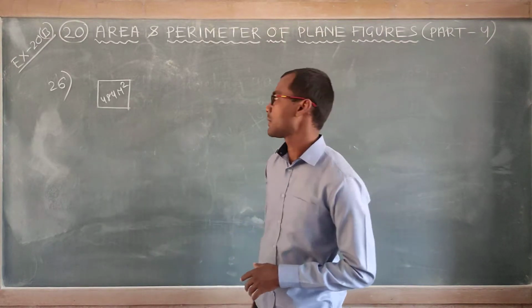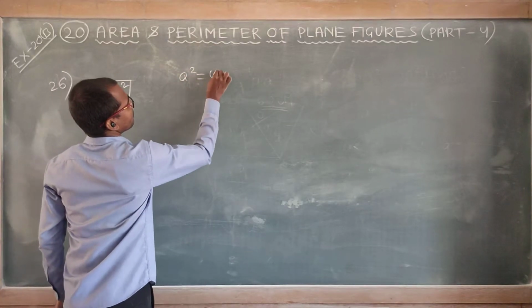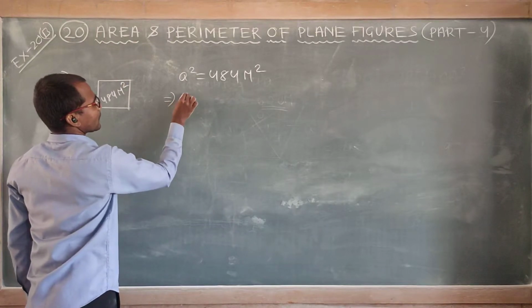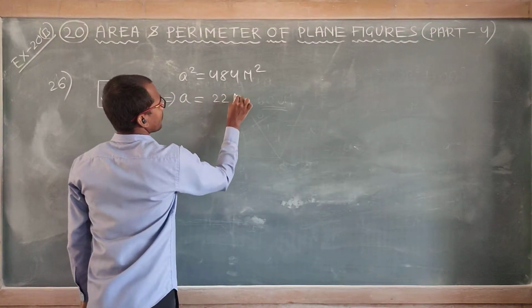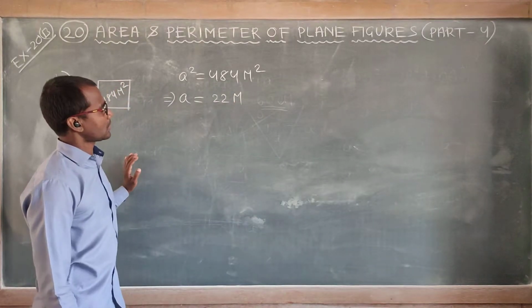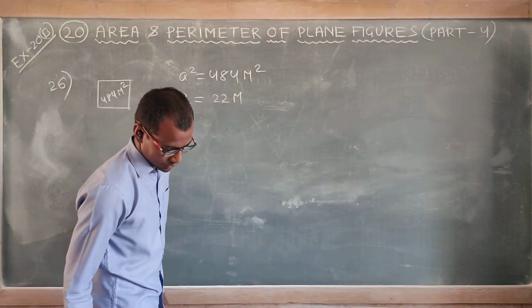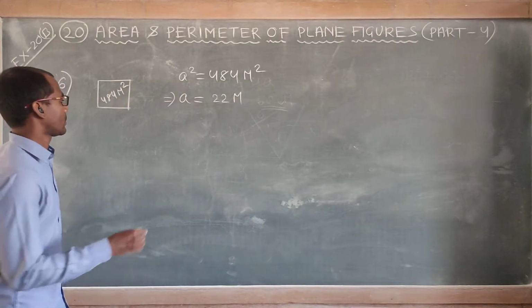This is the square. So A square is equal to 484 square meter. A is equal to the square root of 484, that is 22 meter. So the side of the square is 22 meter.